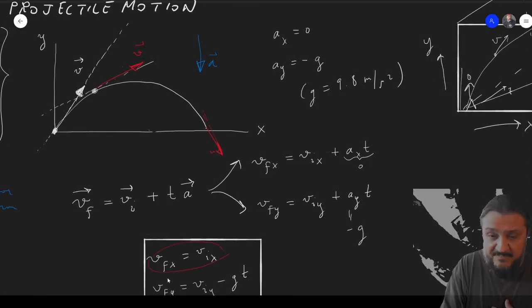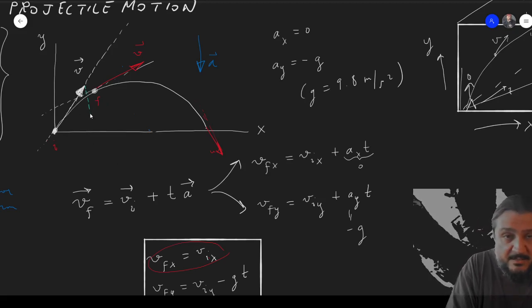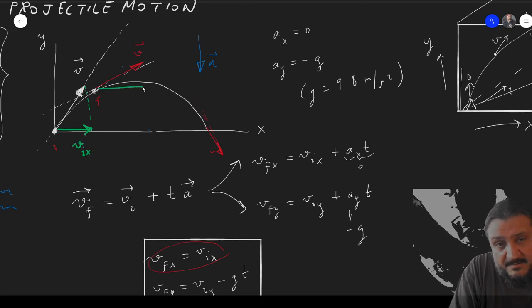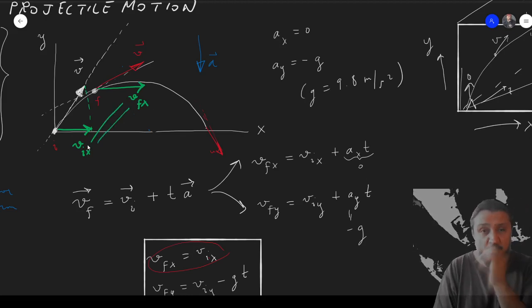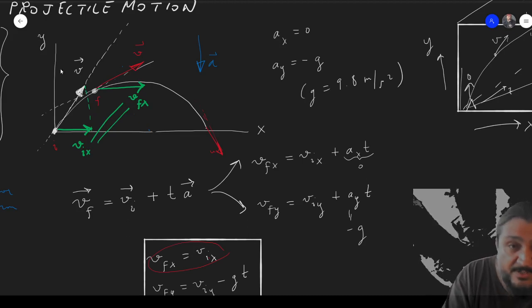So if initial and final correspond to these two points, the x component, which I'm going to show with green here, never changes. These two are equal, same length. What changes then is the y component, according to this relation here.